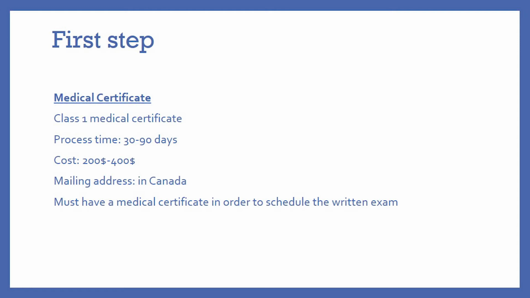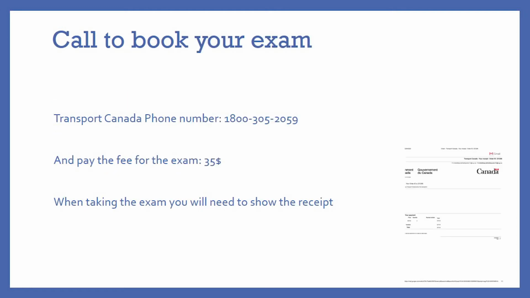You must have your medical certificate in order to schedule the written exam. After getting your medical certificate, it's best to call to book the FAA-CA exam because sometimes it takes around 3 weeks to get an appointment for the exam. So it's better to call as soon as you get your medical certificate.